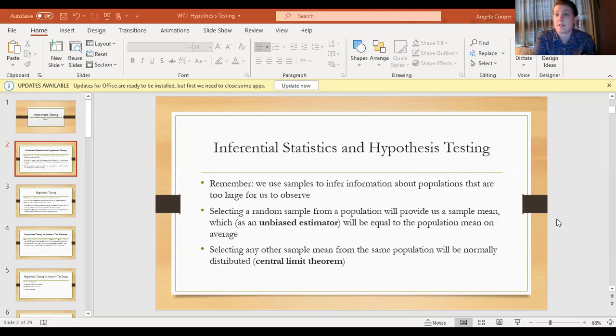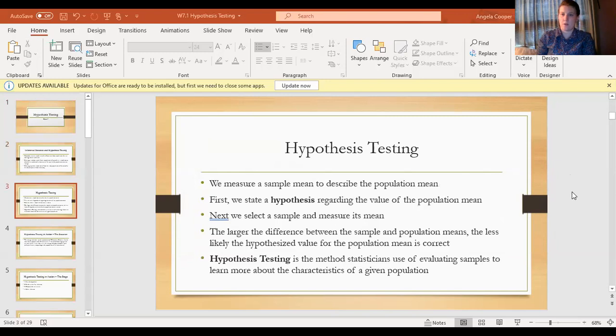That's the unbiased estimator. Now, selecting any sample mean from the sampling distribution of the means of the same population will be normally distributed. This is the central limit theorem. Okay, we know this. Now let's get into hypothesis testing.